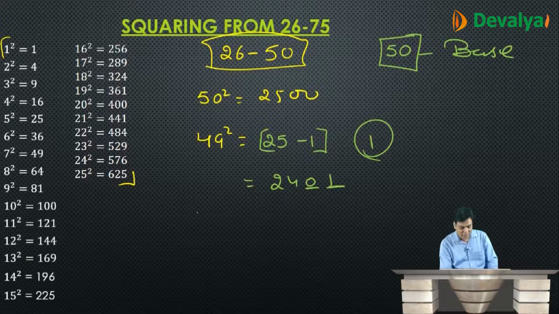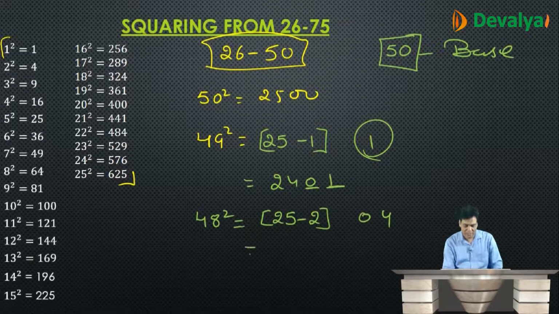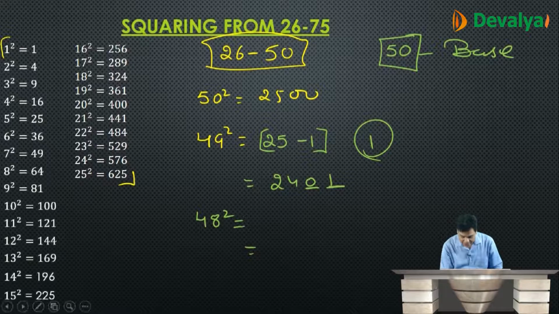I am going to give you another example, 48 square. What I did: 25 minus 2, and 04. The answer would be 2304. How did I do it? Listen, it's very simple. In the first step, I subtracted the base from the number itself: 48 minus 50 would be negative 2.